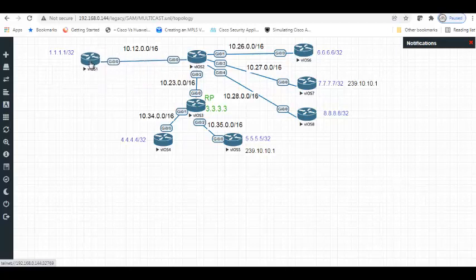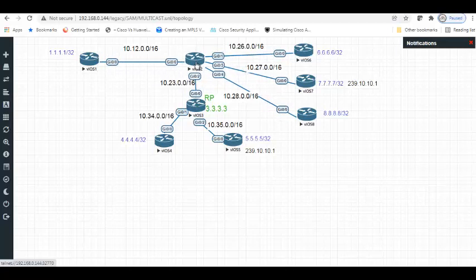In our example, this is the source, and this is the receiver, the group member, the destination. The RP can be any corner router, even R4. That doesn't matter. It need not be R2, not necessary. It can be R4 also.